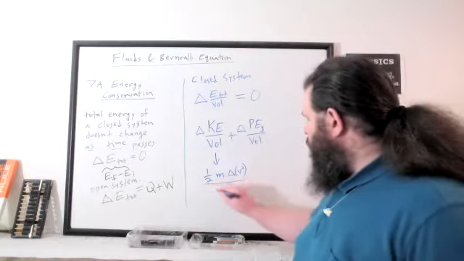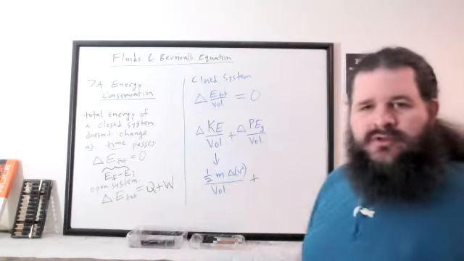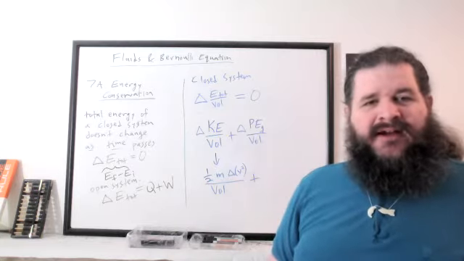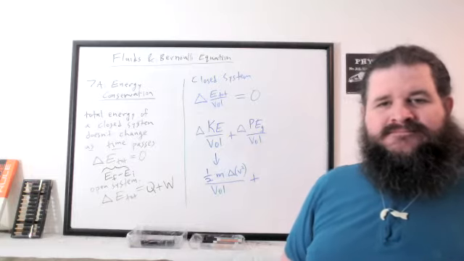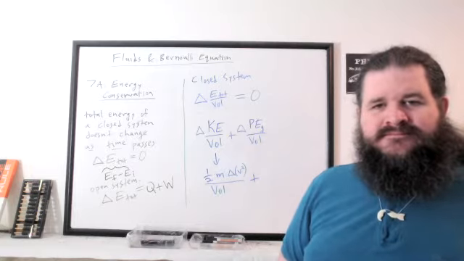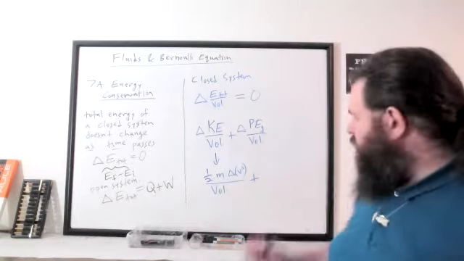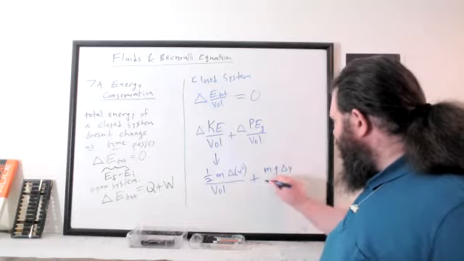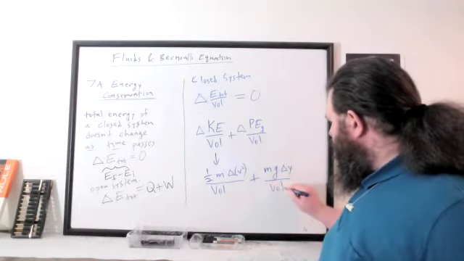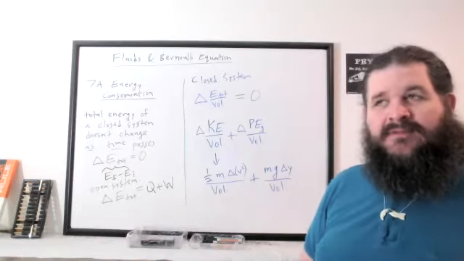And then we're going to divide that by volume. And what about our usual formula for a change in potential energy of gravity? Yeah, mg delta y, including that delta because we are talking about a change. And again, that delta is talking about the difference from location to location, not time to time.